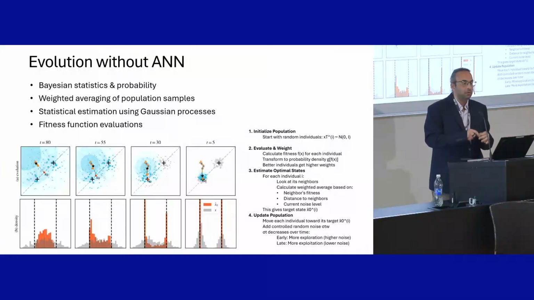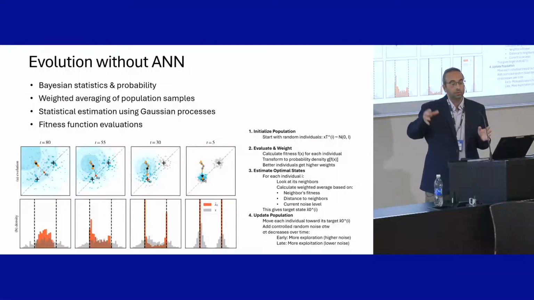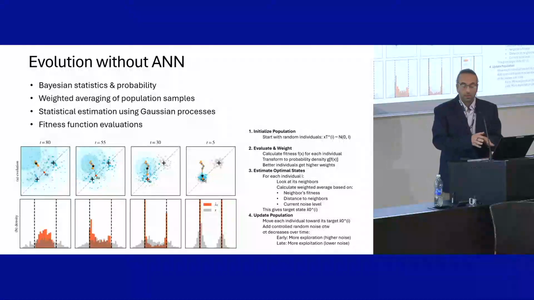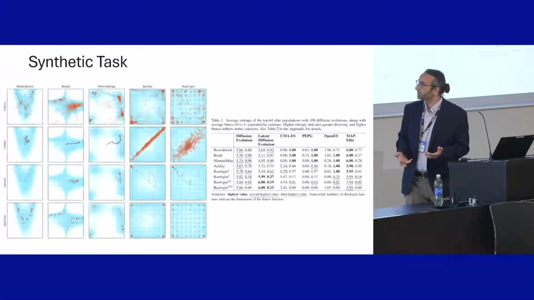So basically, we have the whole process without any neural network, without any backpropagation, trying to do evolution using the process of diffusion. And that worked. And surprisingly, it worked actually very well.